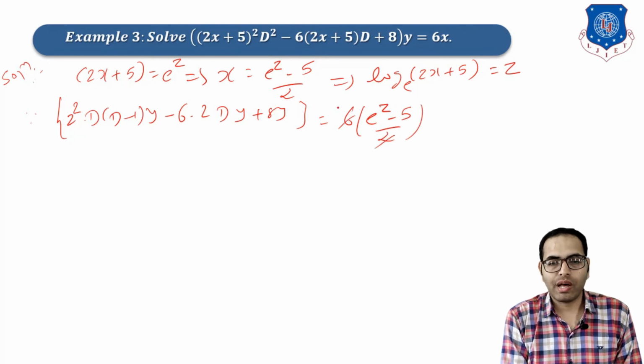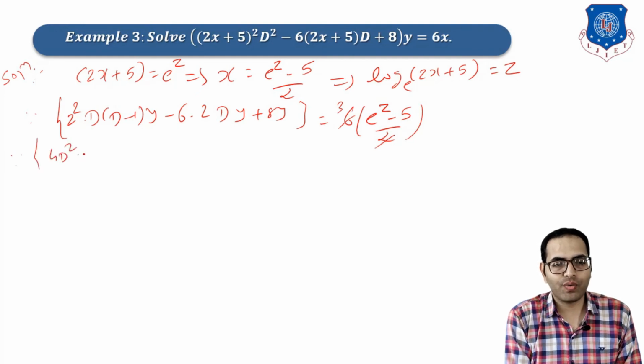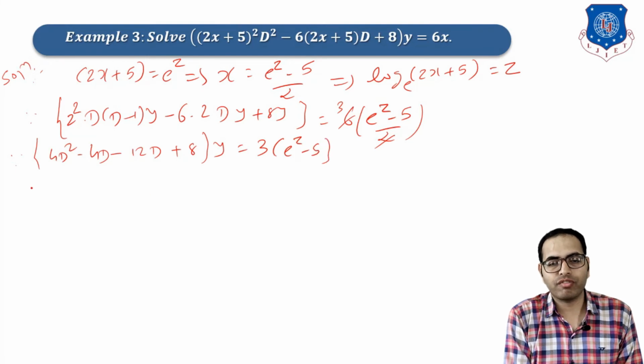Now simplify that term. Then 2 squared is 4, so 4D square minus 4D, y will be common out, then 12D plus 8 of y is equal to thrice (e raised to z minus 5).